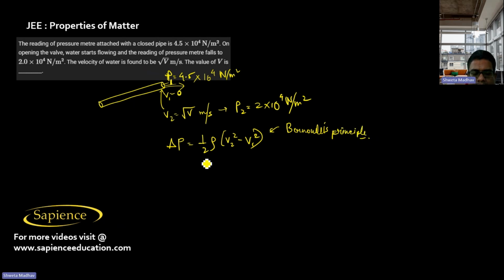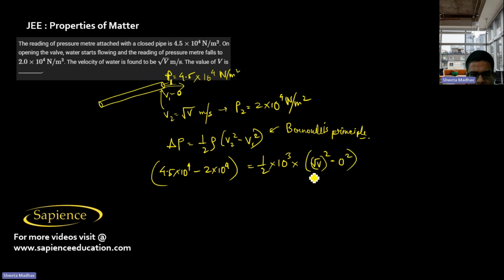So now this delta P, that is 4.5 into 10 power 4 minus 2 into 10 power 4, is equal to half into rho. Rho is the density of water, which is 10 power 3 kg per meter cube, into V2 square minus V1 square, which is root V whole square minus 0 square.